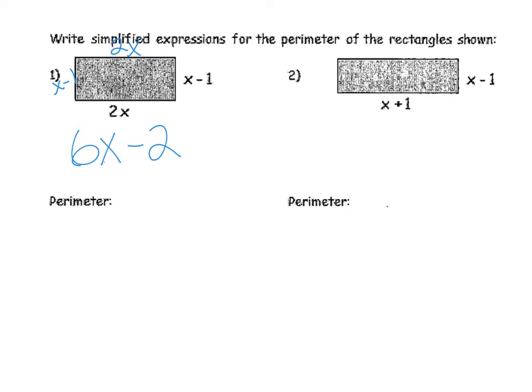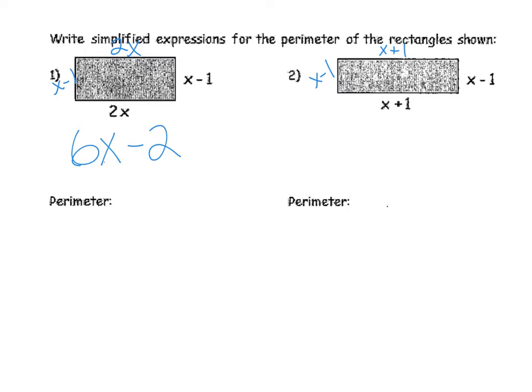Okay, good. Number 2, fill in the spaces. What is the top and what is the left side? It's a plus sign. The copy quality is just bad. It is a plus sign. And I'm going to add up all the sides.